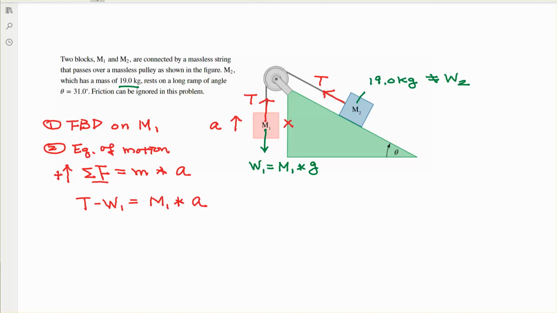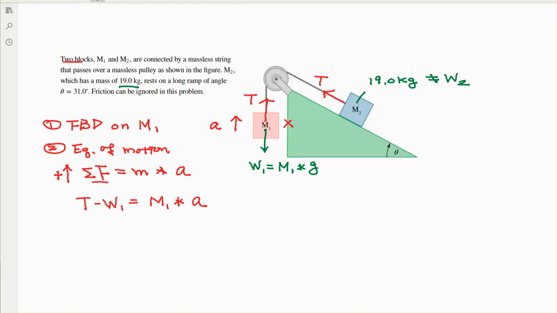Do I know which way it goes? Do they tell you? No, they didn't in this case. I'm just going to assume this is the direction, then it will be positive. So part of the problem, probably they will give you more information for you to solve that.